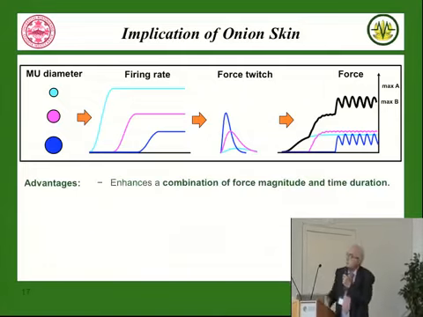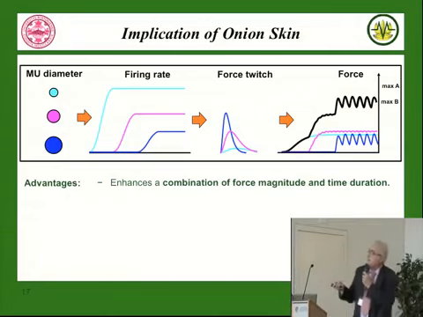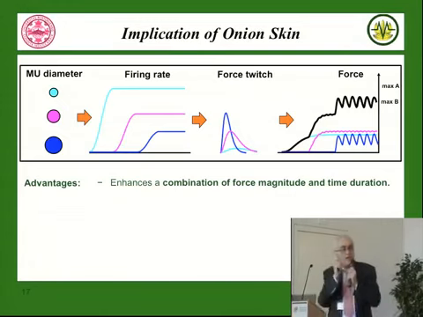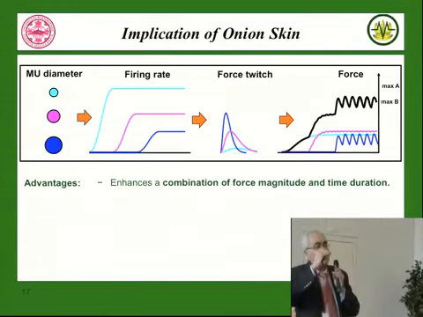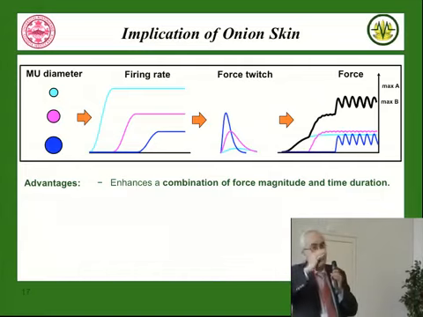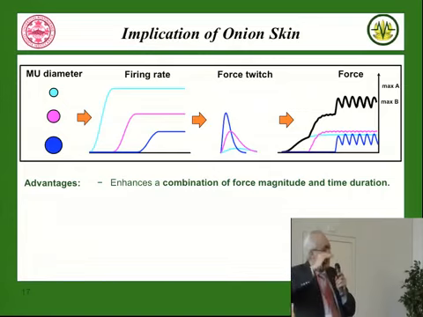What are the advantages of this approach? The first advantage is it enhances a combination of force, magnitude, and time duration. It appears that our system has evolved so that you can generate quite a bit of force, not maximal, but you can sustain it because you don't fatigue the high threshold motor units because they're firing slowly. And biochemically, they tend to fatigue quickly.